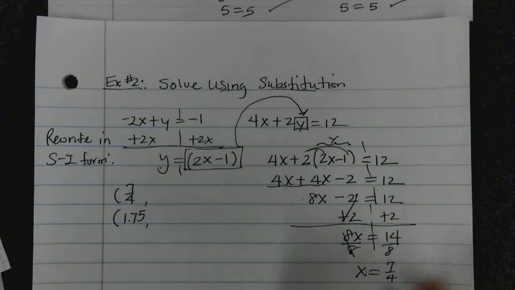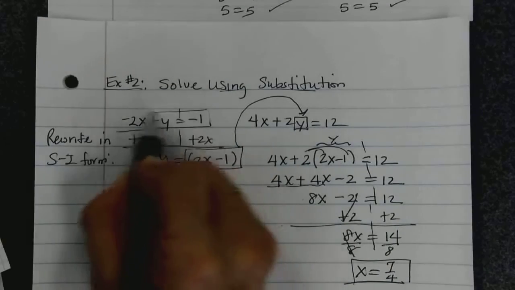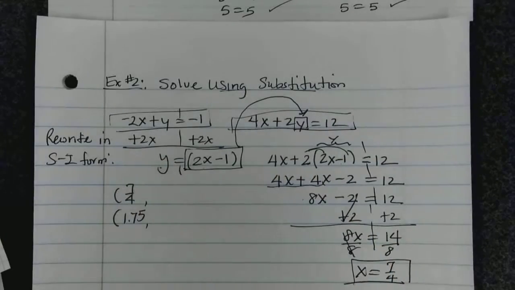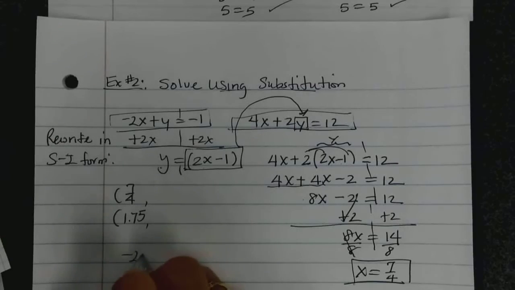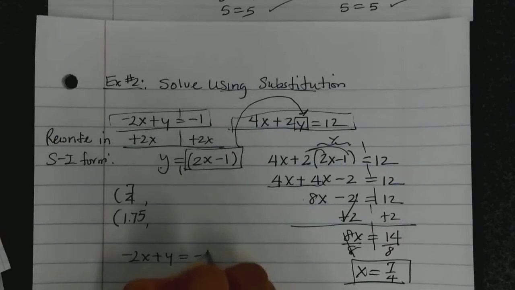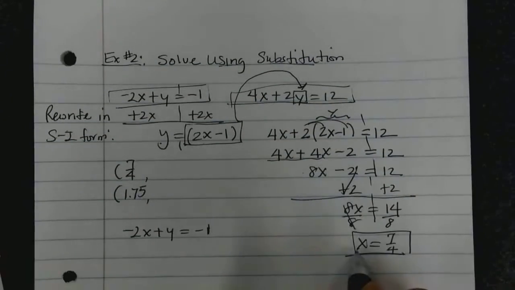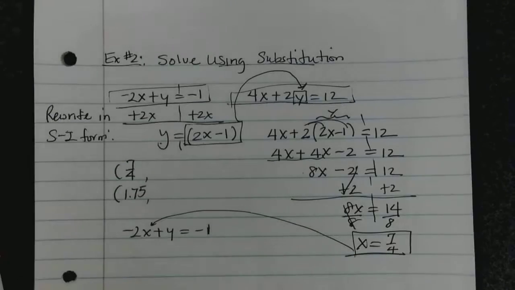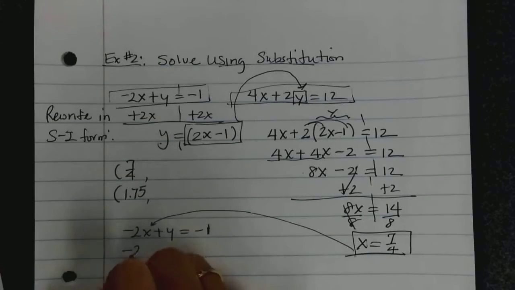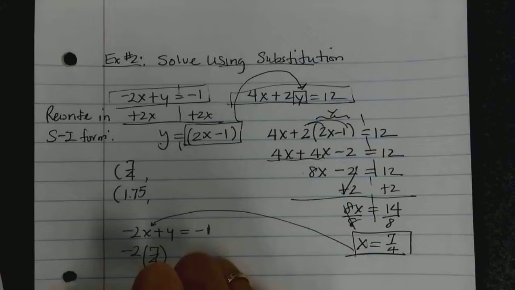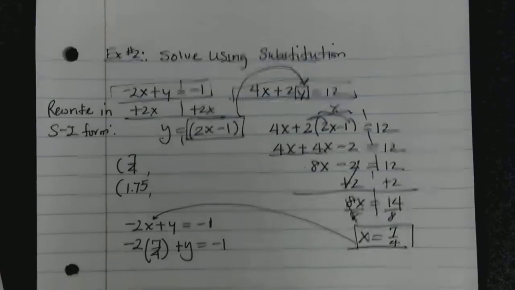Now I've got to look for my y value. So what I'm going to do is you always go back to the original. This and this. So I'm going to just pick this one because it's easier. Negative 2x plus y equals negative 1. And I'm going to take that x and plug it in there. So negative 2 times 7 over 4 plus y equals negative 1.